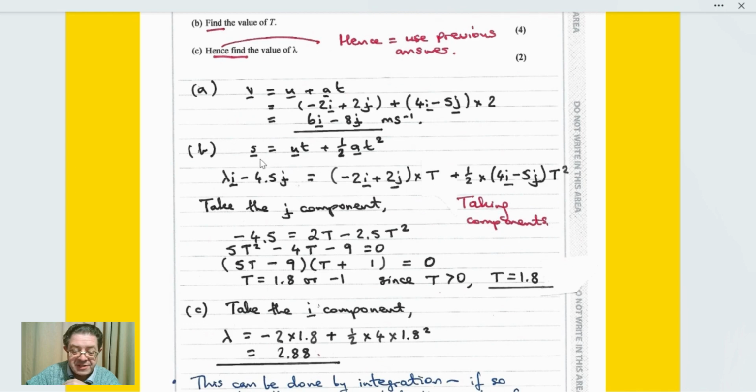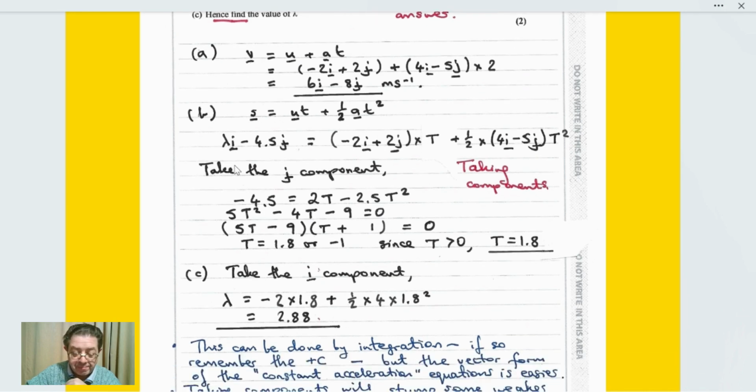So in this question, we're dealing with displacement, initial speed, acceleration. The equation we want is that s equals ut plus a half at squared. Put in the s, u, and t values and a value. We get this equation here. And this is the point at which some candidates will become stumped.